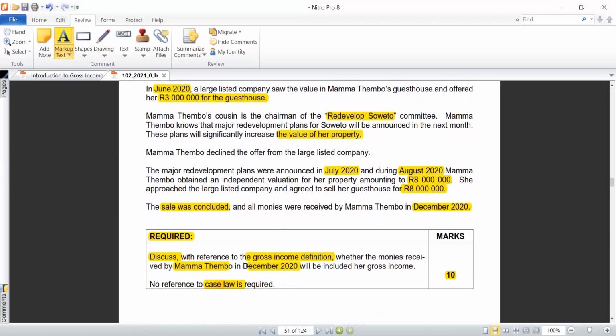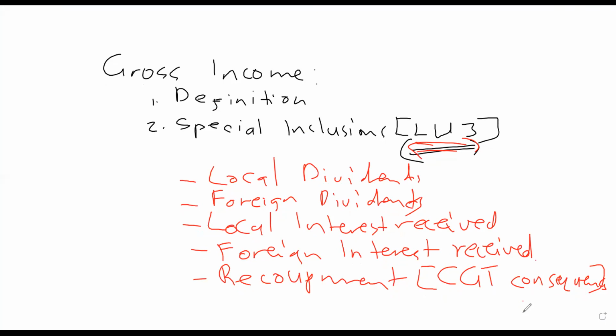Now, in the context of the question, they have already given you the year of assessment. How do I know the actual year of assessment for this particular taxpayer? Well, since it's a natural person, colleagues, it's important to remember that with natural persons, the year of assessment runs from 1st of March to the end of February of the following year.